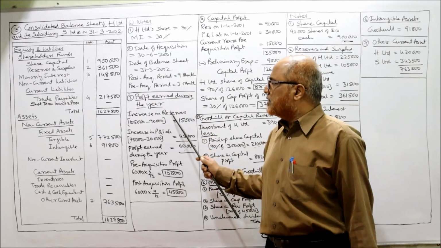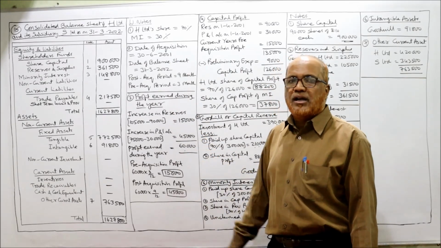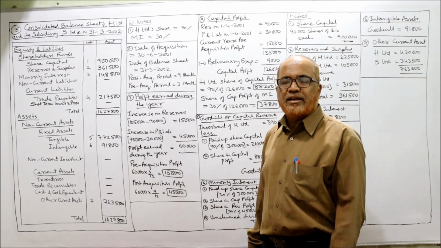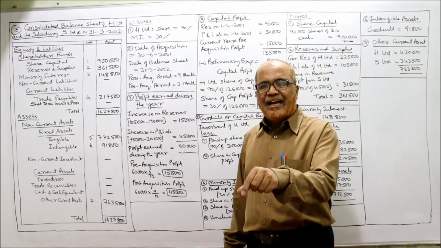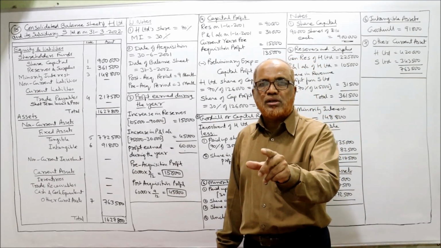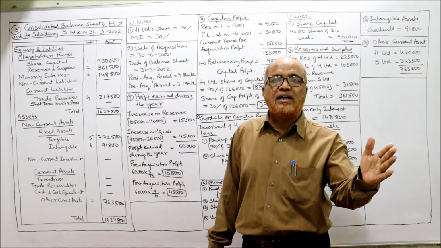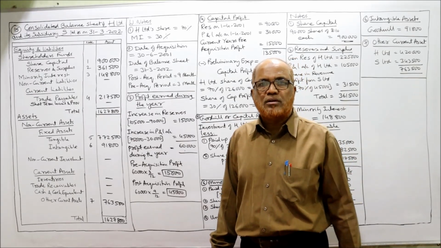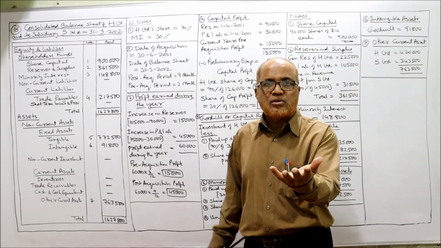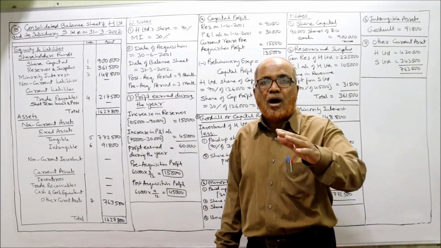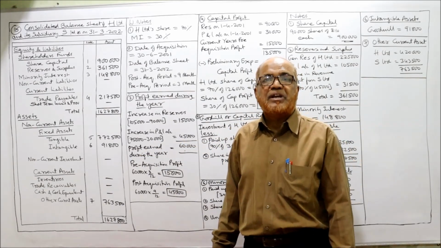Third calculation, profit earned during the year. Just now I told you the reserves at the end of the year is 1,05,000. At the beginning of the year, reserves were 90,000. How much have reserves increased? 15,000.